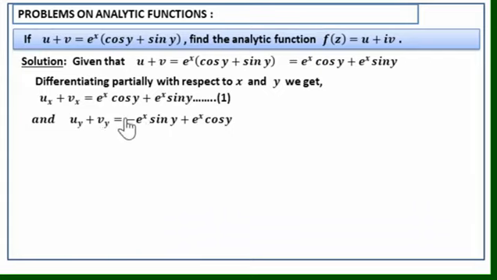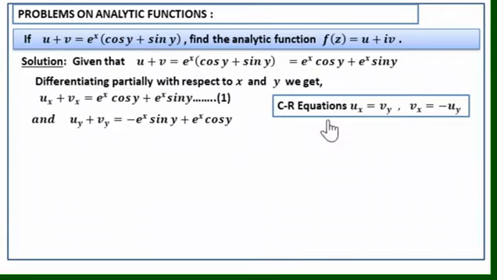Next we need to solve for ux and vx. We need one more equation in ux and vx, so we convert this uy and vy in terms of ux and vx, that is, we are going to make use of the Cauchy-Riemann equations. What are the Cauchy-Riemann equations?